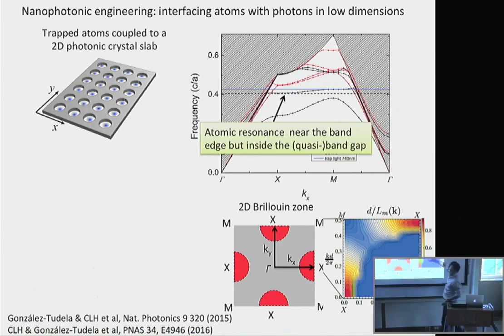If you look at the coupling strength to different k vectors in this photonic band gap, where here I'm plotting the inverse of the effective mode length that tells you the strength, you can see that this coupling is very anisotropic. It extends over a lot of modes in one direction, and a small number of modes in the other direction. So the sum of the effective interaction looks just like a star shape.